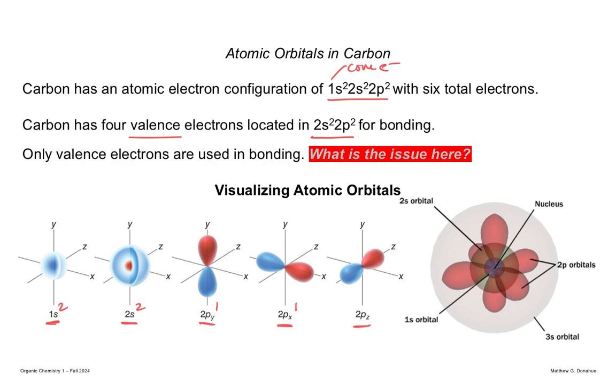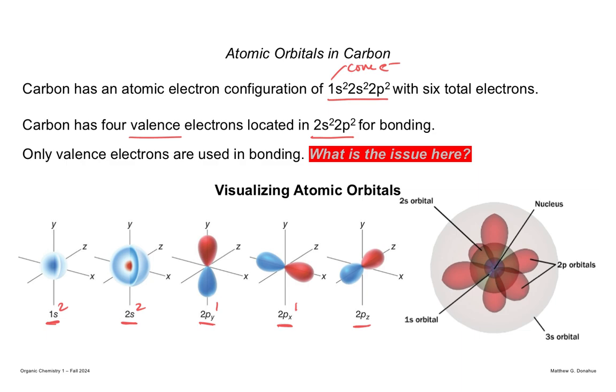The reason the other figures are sort of not good is because they give you this idea that everything's separated. So the 1s orbital is that little blue ball. The 2s orbital is like that green ball, which is encapsulating the blue ball. The 3s, which we're not talking about, is even bigger, encapsulating it all. And then you have the p orbitals, and they're lying on these different planes.